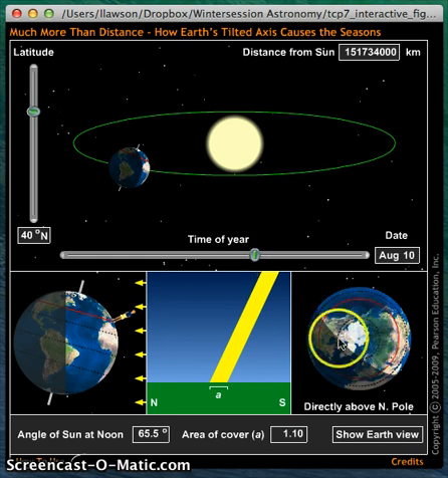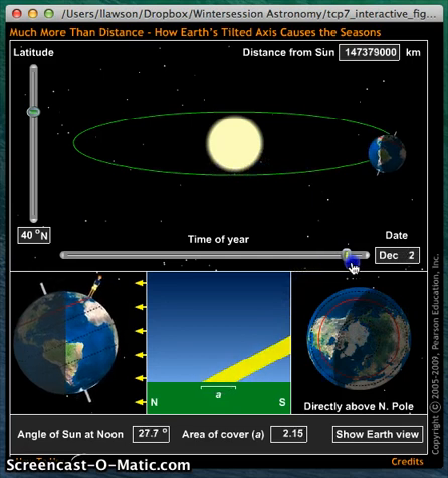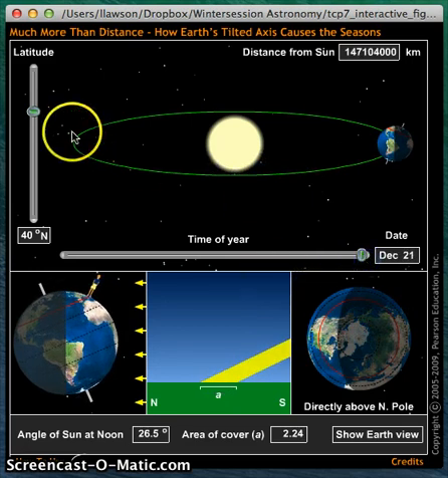Also, I want to call your attention to down here. Notice now in the summertime, the northern latitudes, the Sun isn't ever even setting. That's why sometimes we call the northern latitudes the land of the midnight sun. And so we can continue on during the whole year and get back to December 21st.